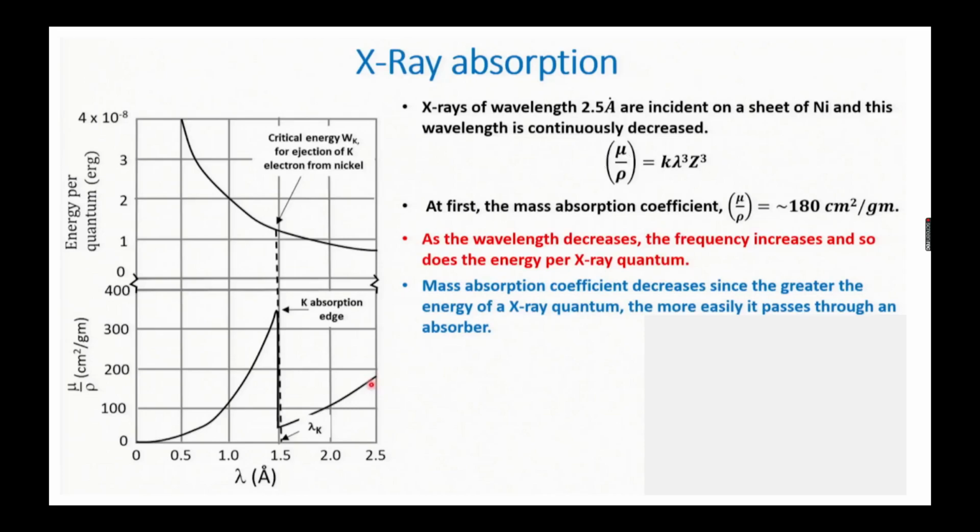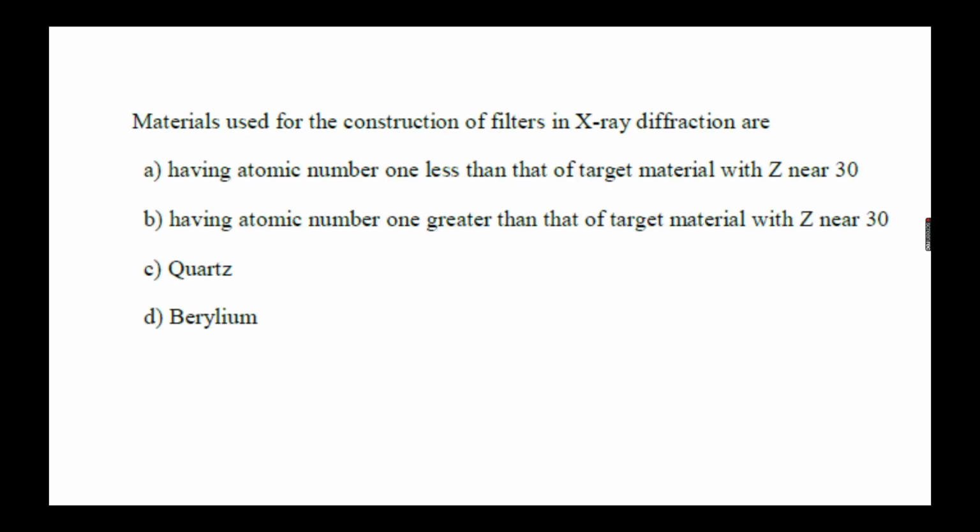When the energy of the X-ray is higher, the mass absorption coefficient decreases because it can pass more easily through an absorber. So it depends on the wavelength, atomic number, and the energy of the X-ray. So all of these are correct.